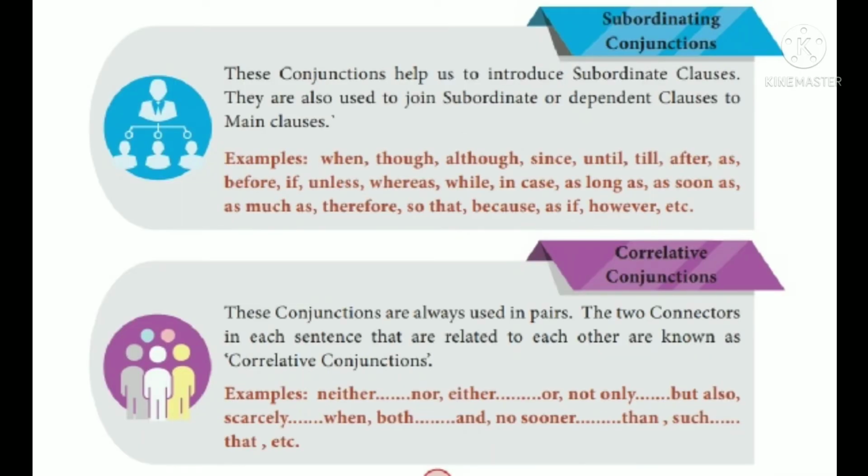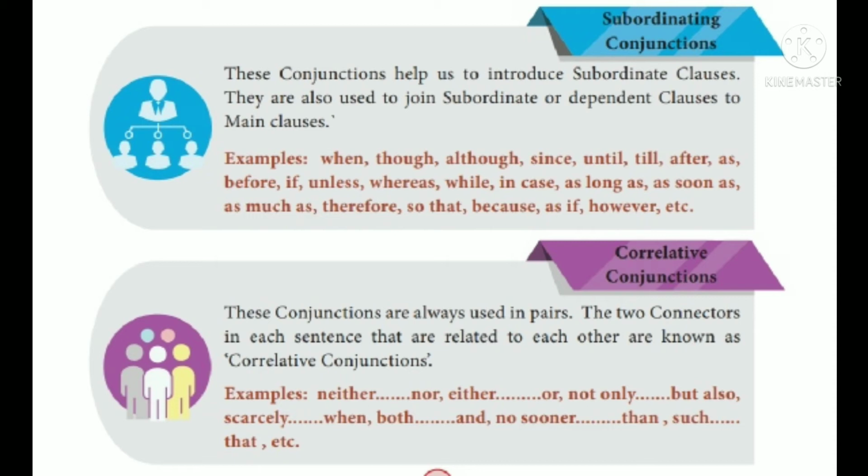Now we are going to see the second type of conjunction, that is subordinating conjunctions. These conjunctions help us to introduce subordinate clauses. They are also used to join subordinate or dependent clauses to main clauses. First we should know what a main clause and a subordinate clause are. A main clause is a group of words which gives a meaning to the sentence, whereas a subordinate clause is a group of words that has to depend on the main clause to give a complete meaning to the sentence.